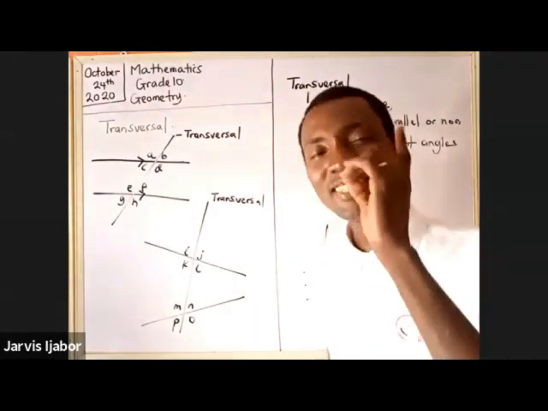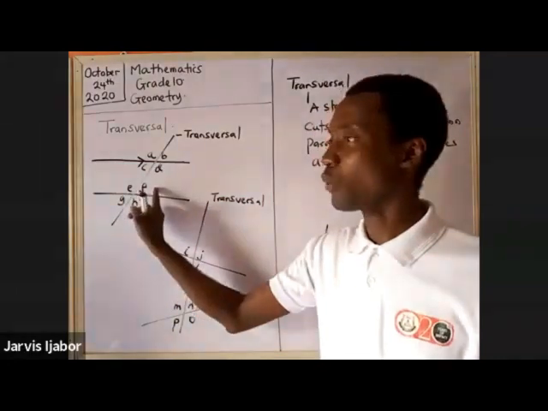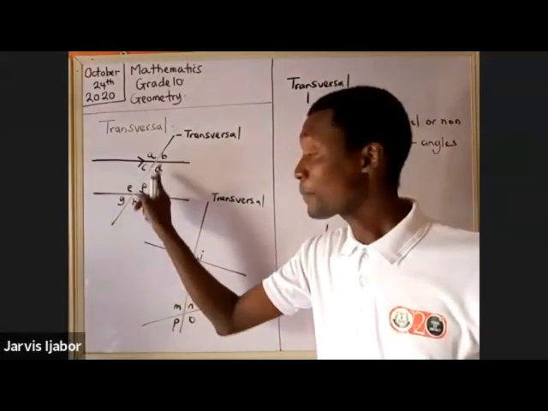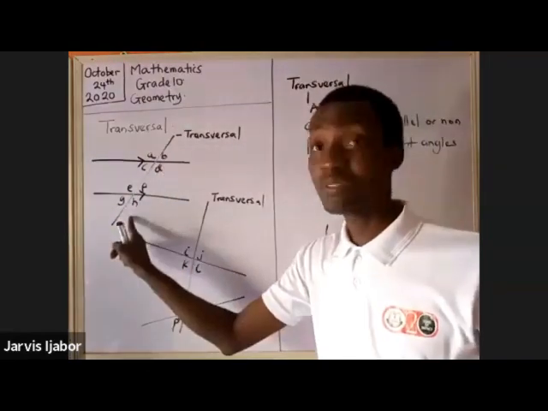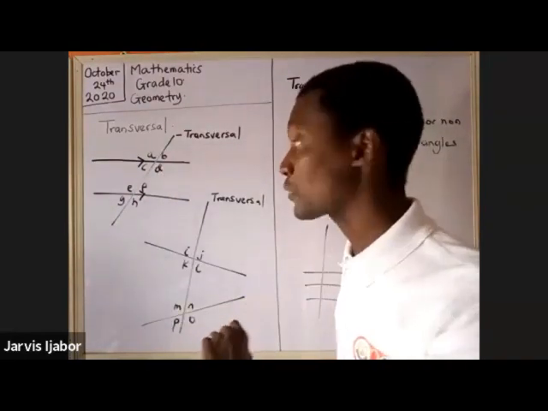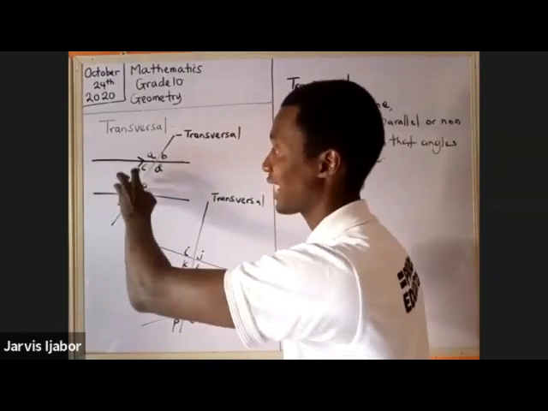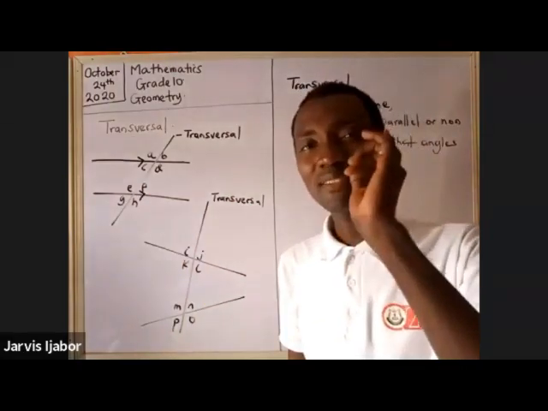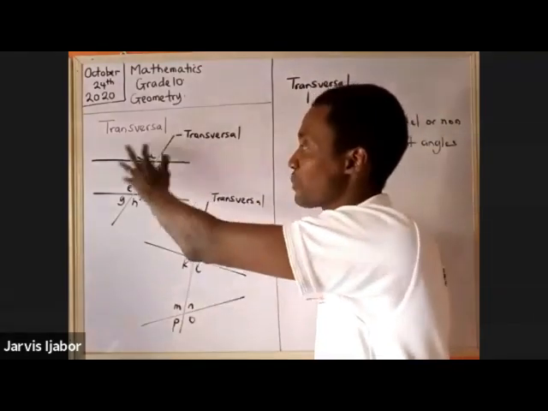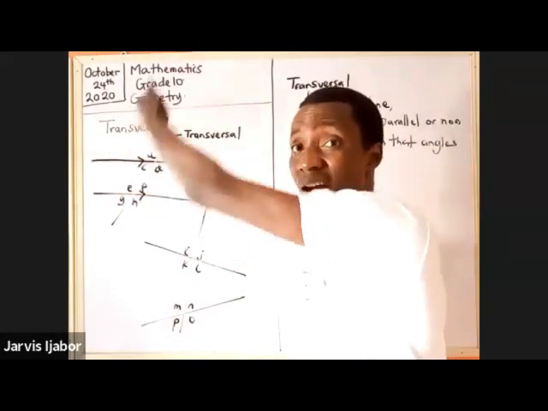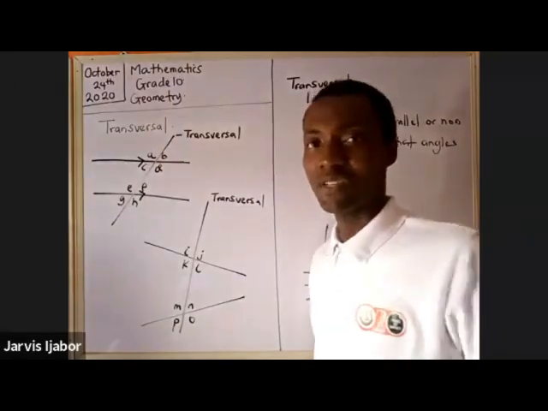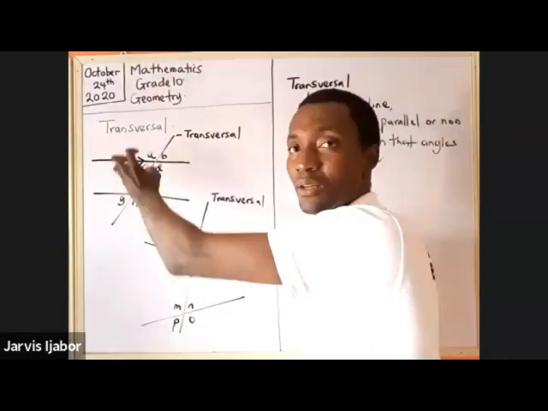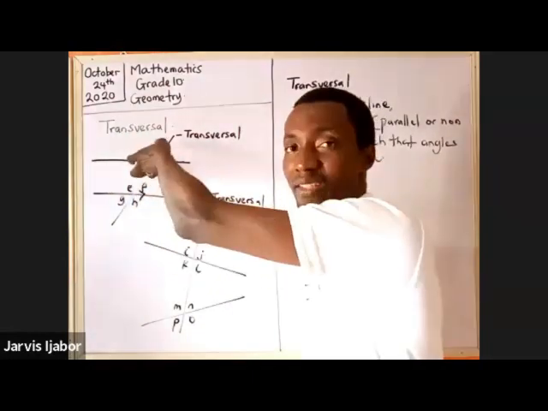The only way that is made possible is when the lines are parallel. When lines are parallel and the transversal cuts across, the interesting thing that happens is that we can relate the angles from one set of the lines to another.